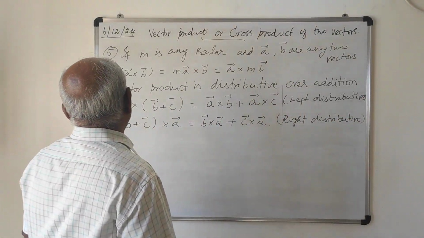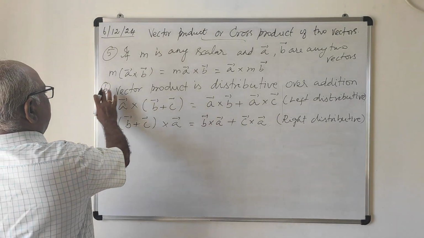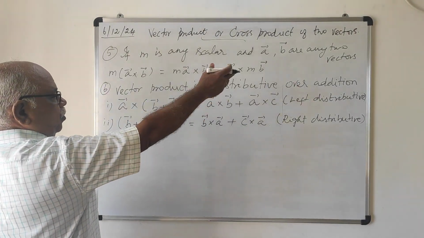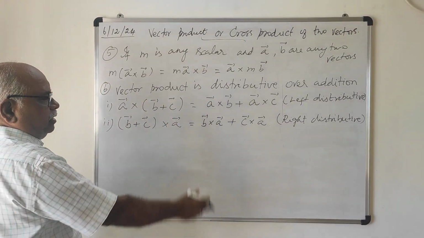These are the two properties of the vector product being distributive over addition: left distributive and right distributive.